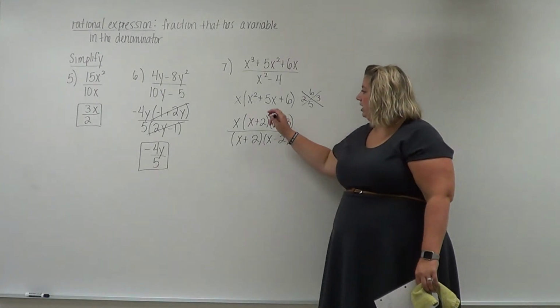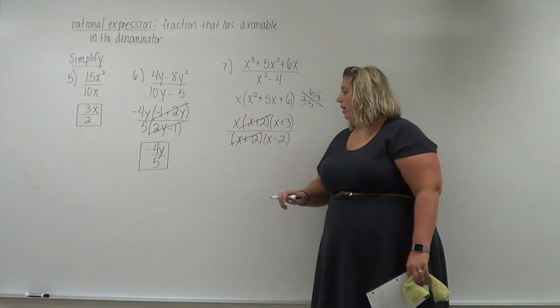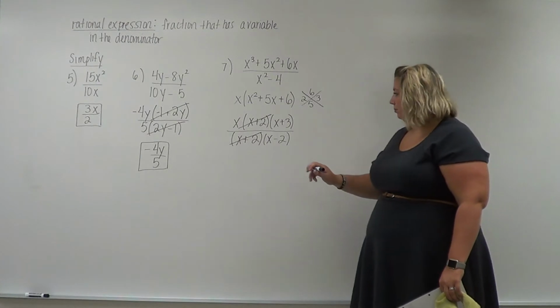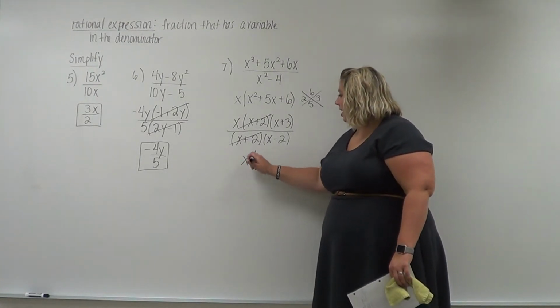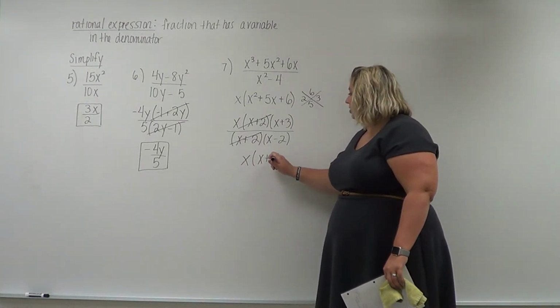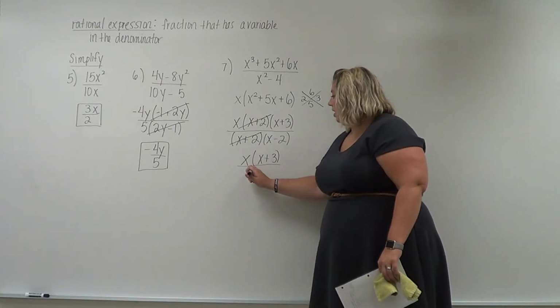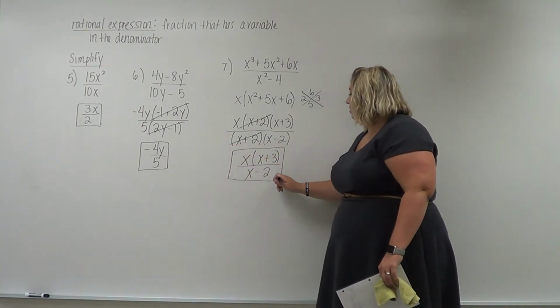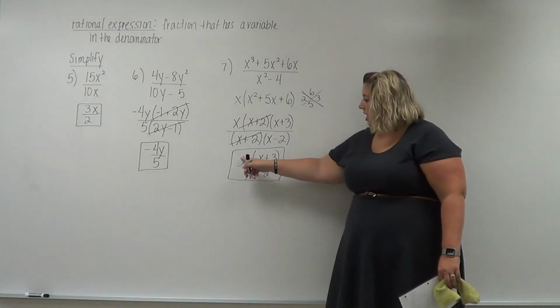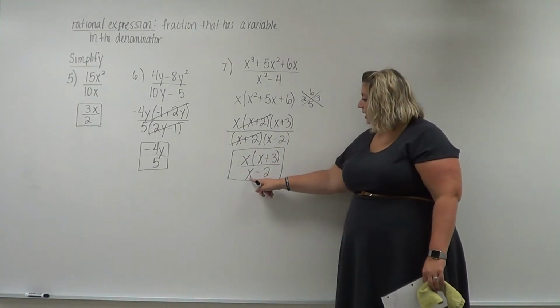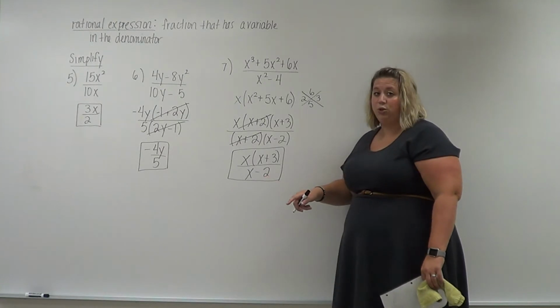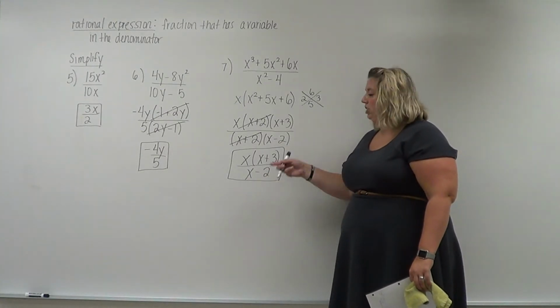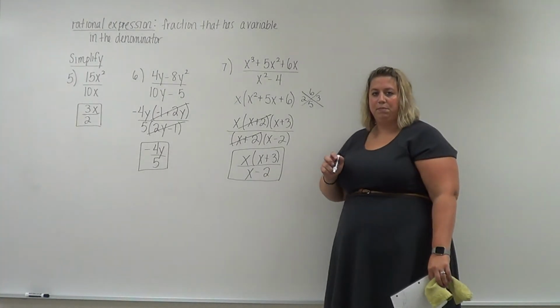Well, they both have an x plus 2, so I cancel those. So I have an x and an x plus 3 in the numerator, and I have an x minus 2 in the denominator. These x's cannot cancel because this x down here is attached to that negative 2. So if something's attached, it has to look exactly the same.